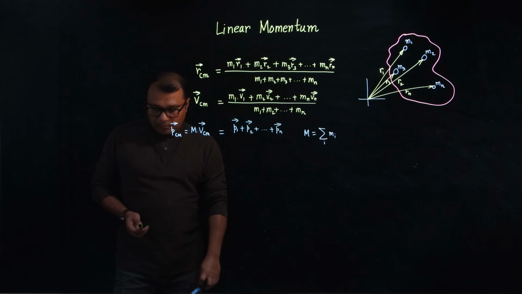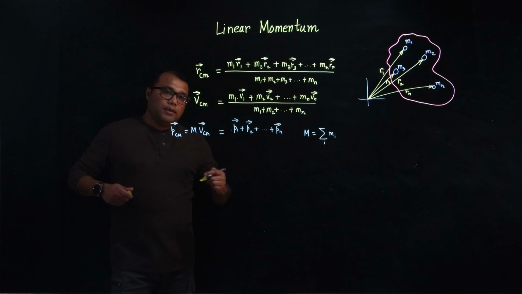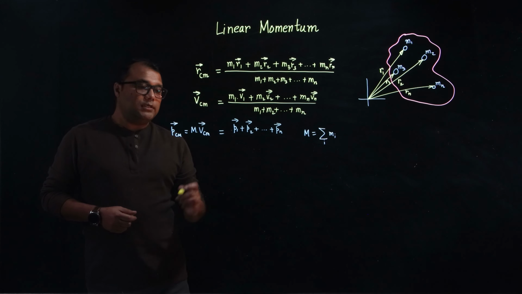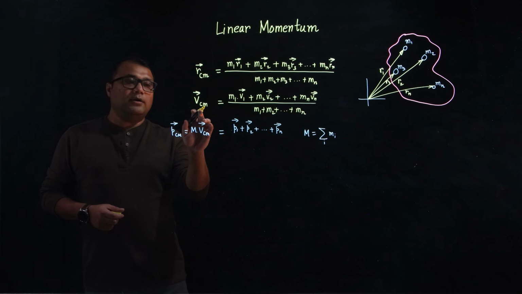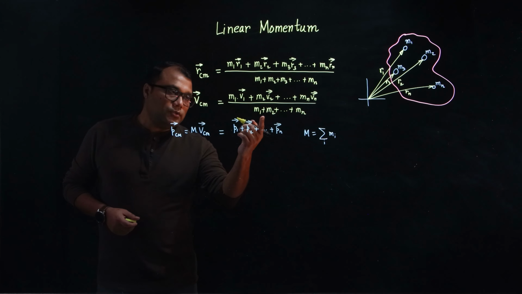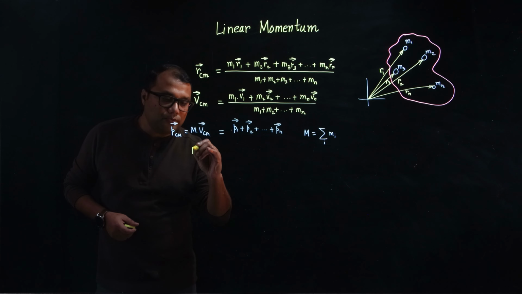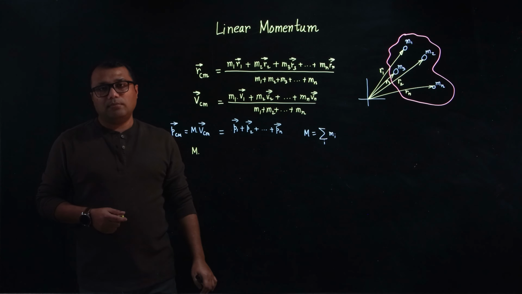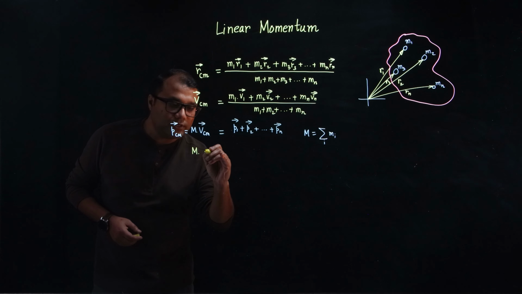Okay. Now, let us further look at this. Let's go back to this and let's differentiate this with respect to time one more time. So m, I will just put it that side, times derivative of VCM with respect to time will give us acceleration of center of mass.